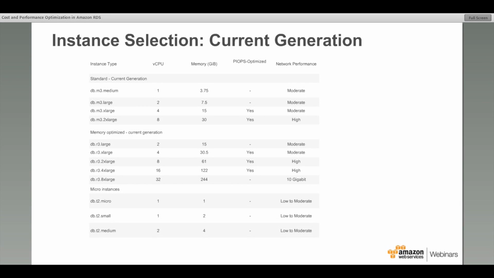So here, as I mentioned earlier, you can start very small with one virtual CPU and just 3.75 gigabytes of memory, all the way up to 32 virtual CPUs and 244 gigabytes of memory, depending upon your workload. And there are some interesting things with micro instances, the T2 instance type that I'll be covering later on. Essentially, this allows you to burst your CPU performance as well.